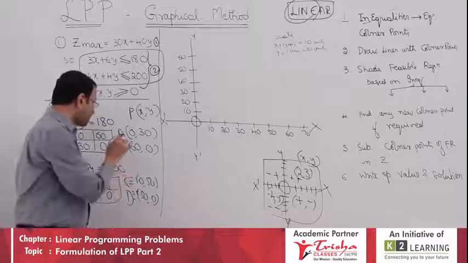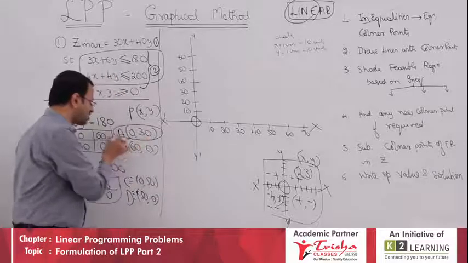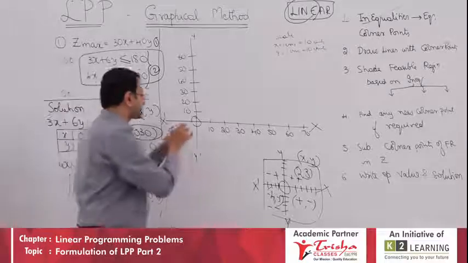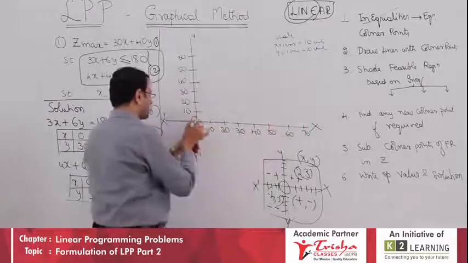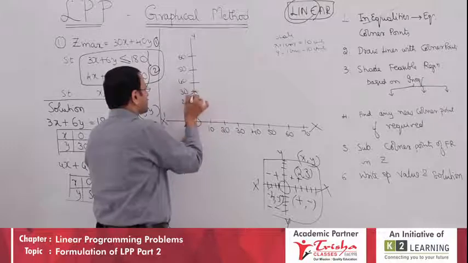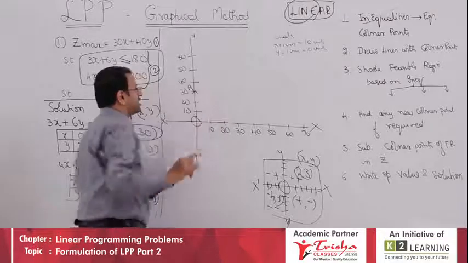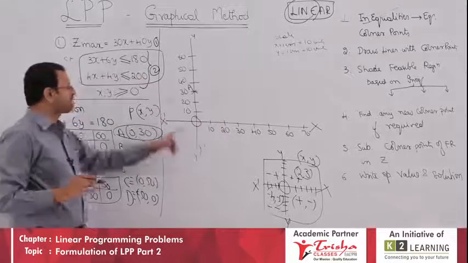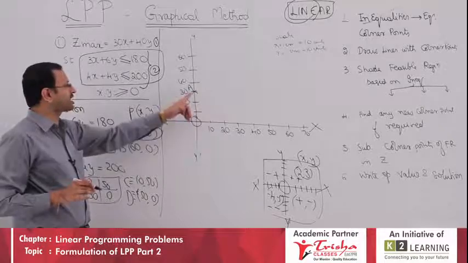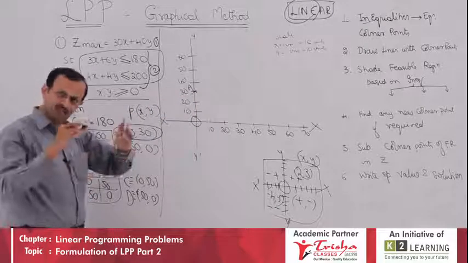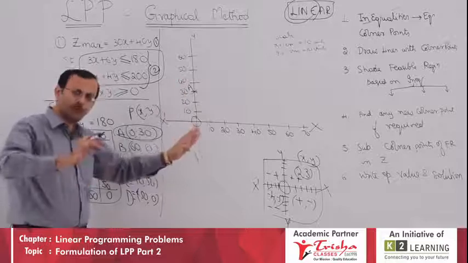Students, what is the first point you have to plot? It is 0, 30. X-axis 0, y-axis 30. The first point we will call A. So write in your notebook 0 and 30 is point A. Even if the graph sheet is not there, write in your notebook itself.